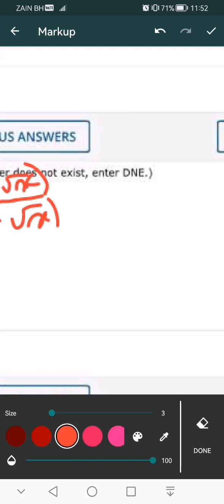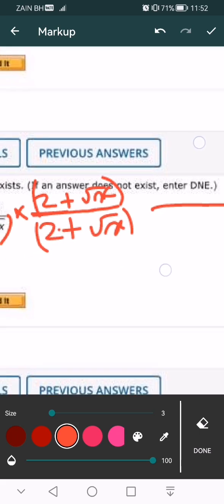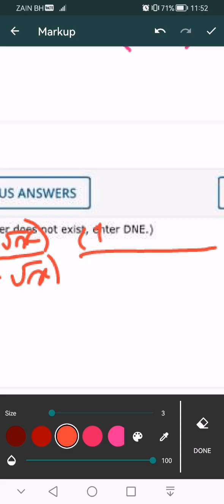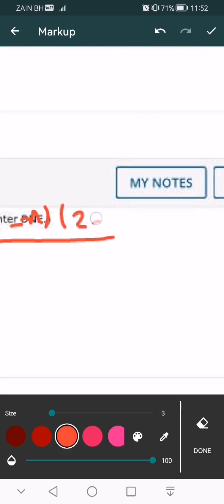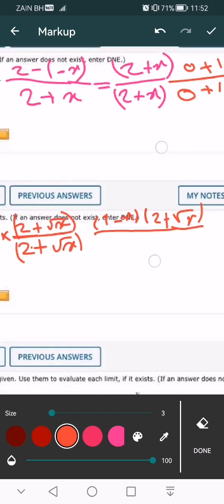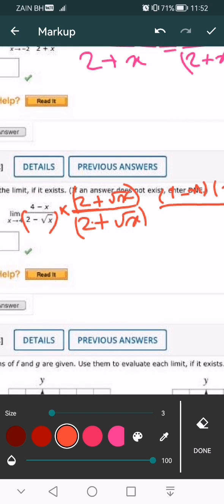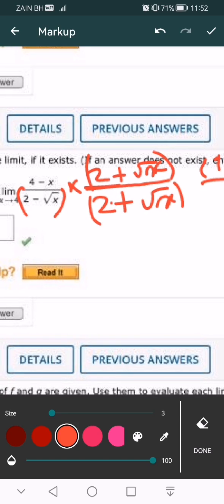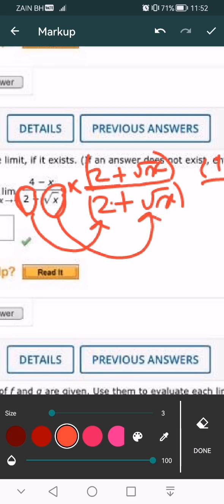This one I can say, the big bracket for the first one would be 4 minus x, multiplied by 2 plus square root of x. Okay, now the numerator, the bottom, what will be the result? Basically I will multiply the first one with the first one and the second one with the second one. That's it.